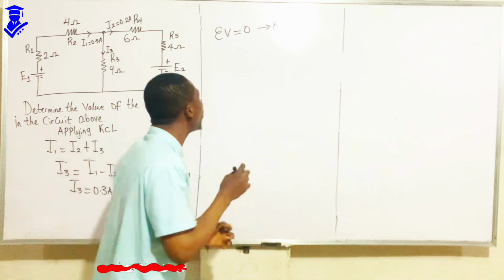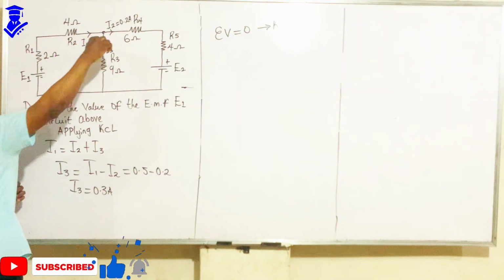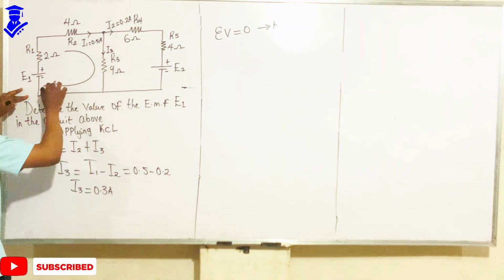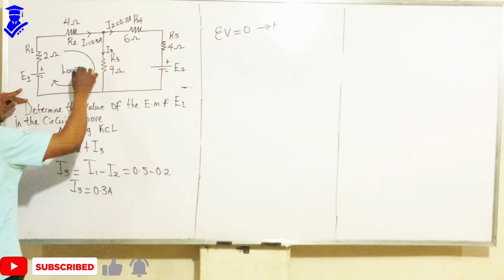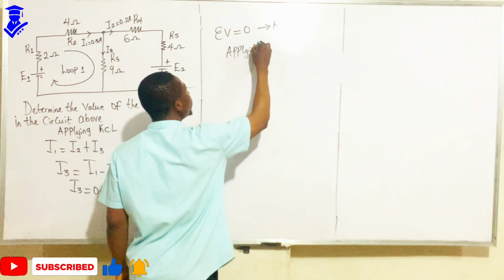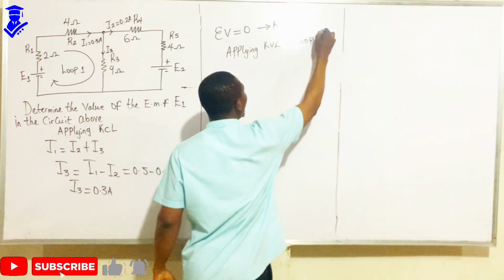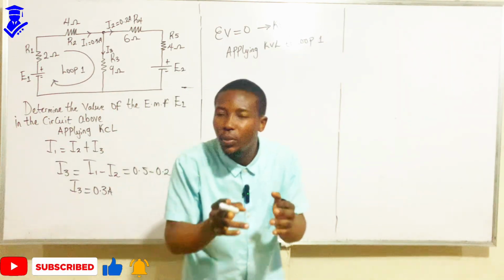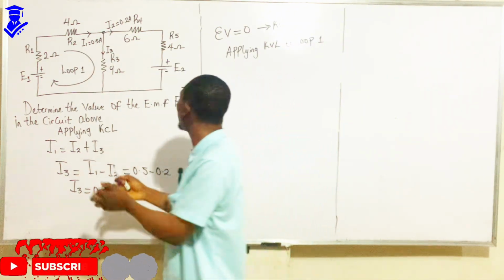We're going to apply KVL to this loop, because this is a loop and this is another loop, but we want to find E1, so we only need this loop. We take our direction like this. So this is loop 1. Applying KVL to loop 1, the sum of voltage or EMF in a closed loop is equal to 0.